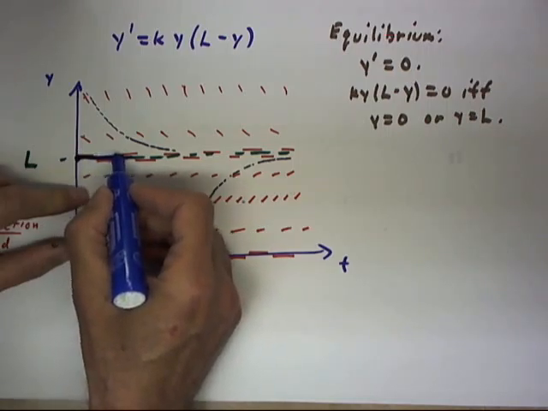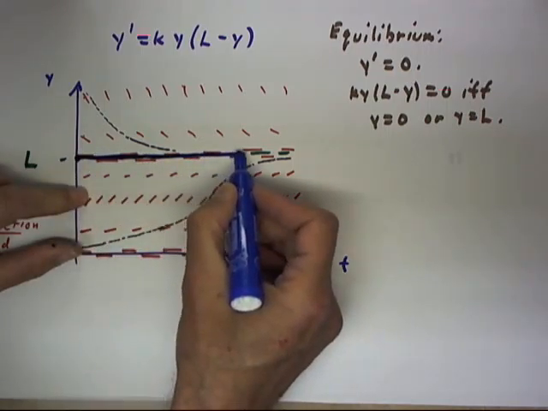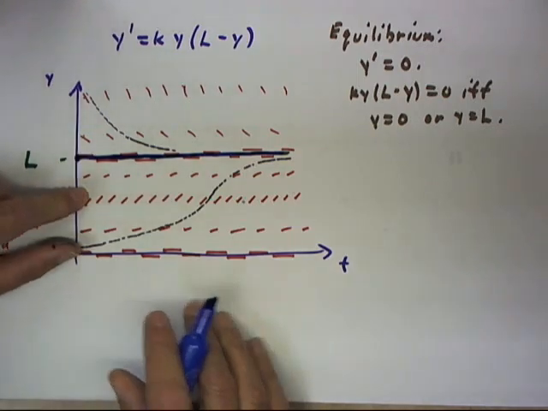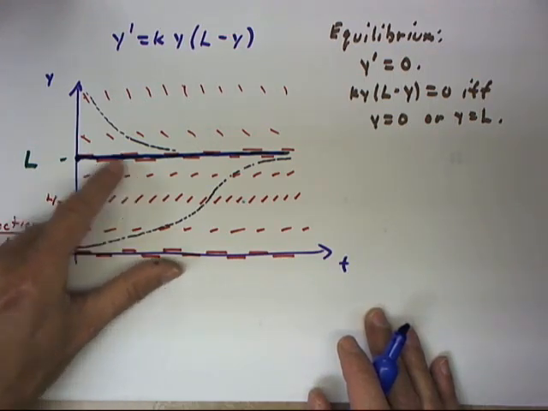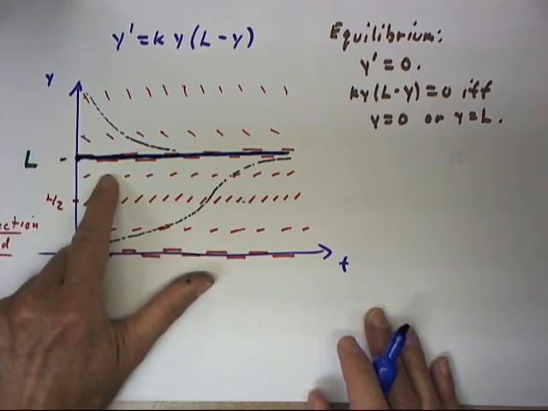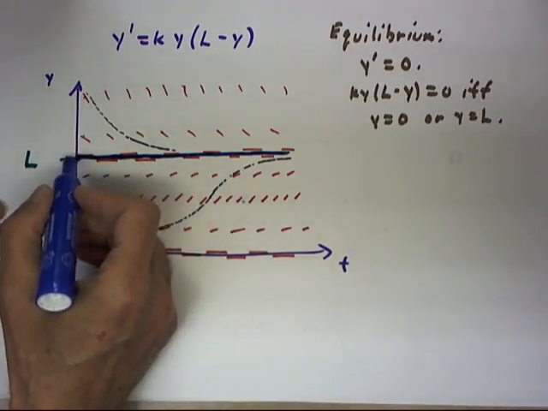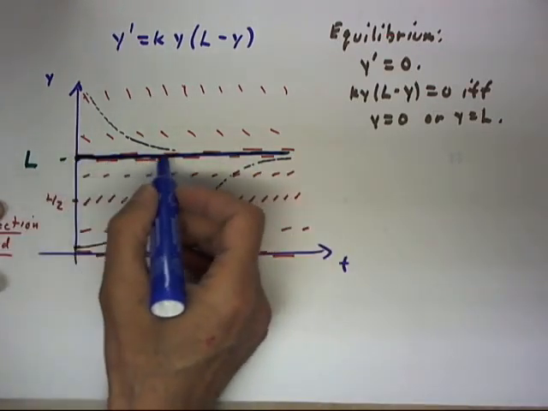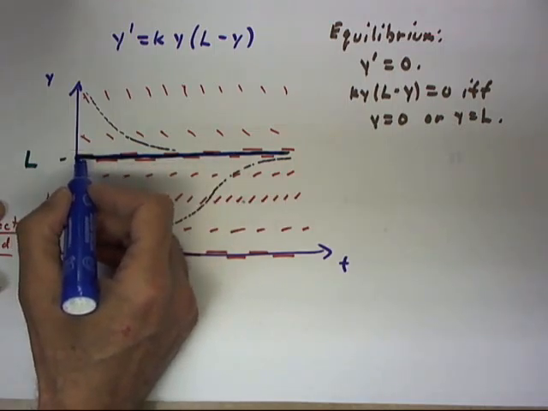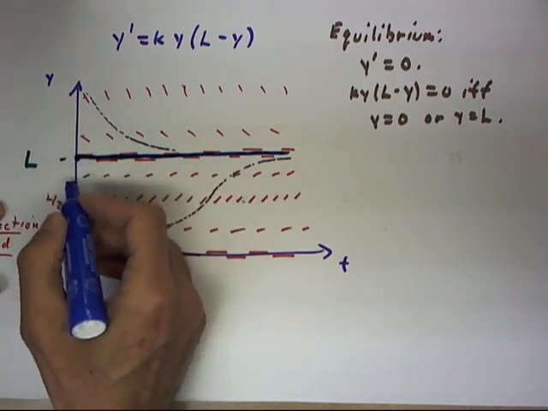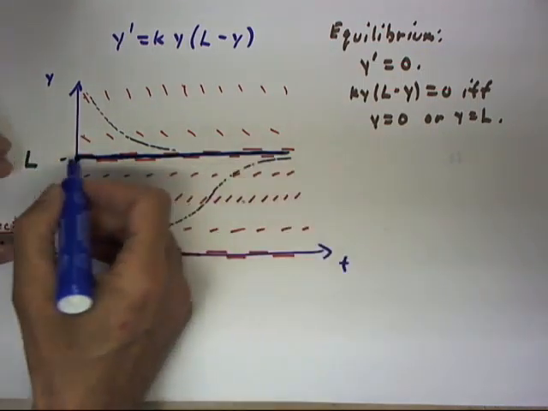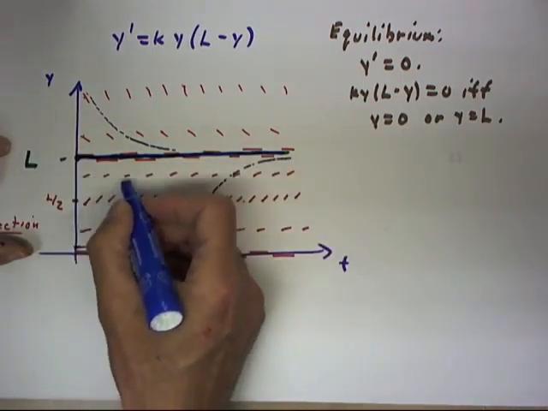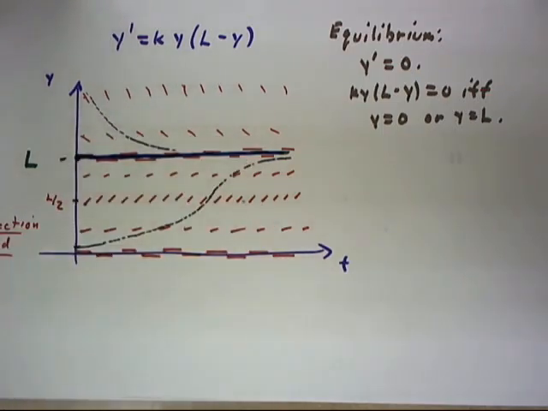We're still going to be on the line y equals L. If we go just a little ways away from the y equals L line, the direction field is going to bring us back into the y equals L line, so that L is what we call a point of stable equilibrium. If we move a little ways away from a stable equilibrium point, we're going to come back to it, whether we're above it or below it.